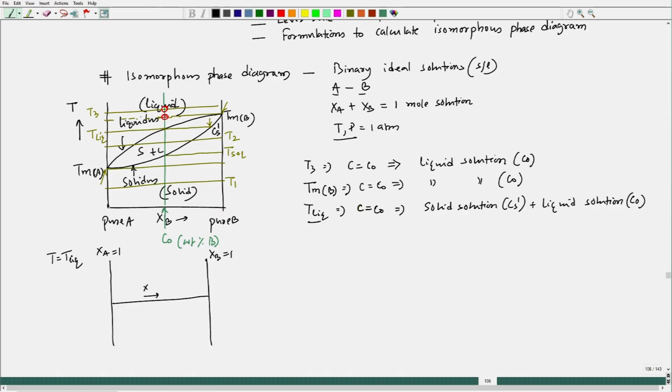So, this is moving as Xb, and at T, if I try to look at the melting point variation of free energy versus temperature for pure metal, that would look like this.